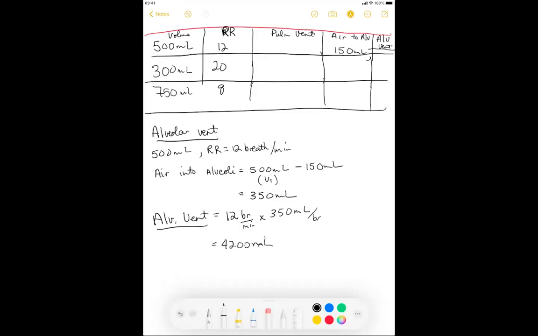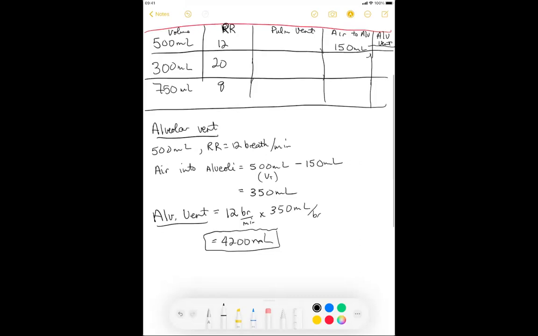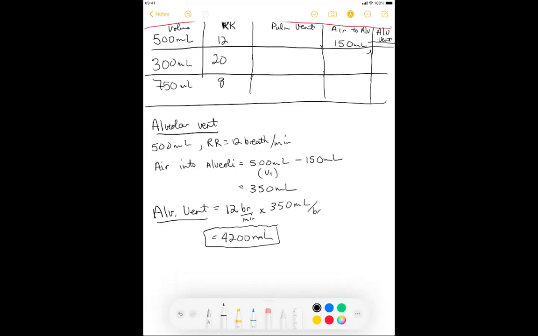And this is the amount of air that's going to reach our alveoli per minute when we're quietly respiring. We're at rest. We're not really thinking about our breathing. Okay, so we have 4,200 mils.